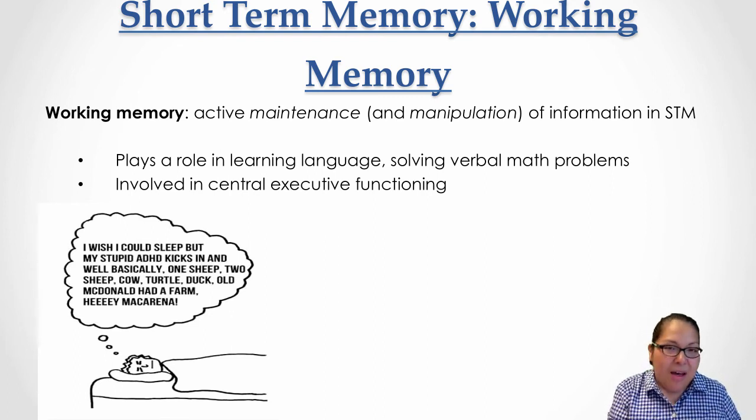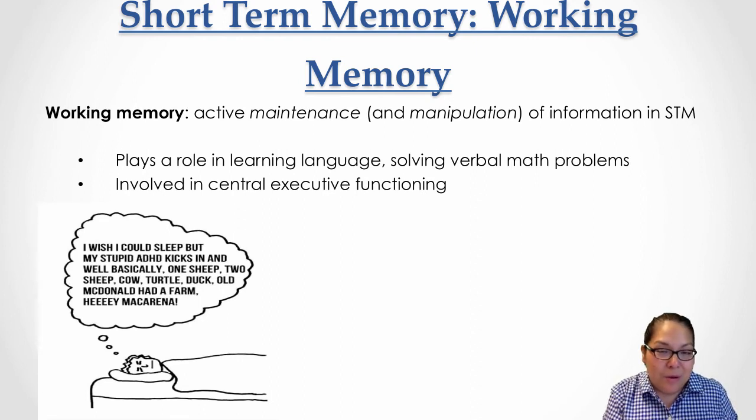It's the central hub for our memory, if we think about it that way. It's responsible for complex cognitive processes such as planning, paying attention, problem solving, verbal reasoning, inhibition, mental flexibility, all of these higher order functions for us.